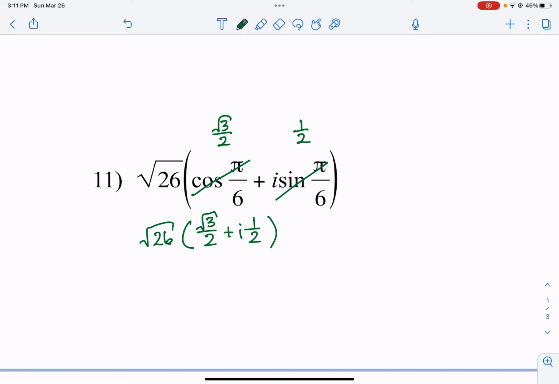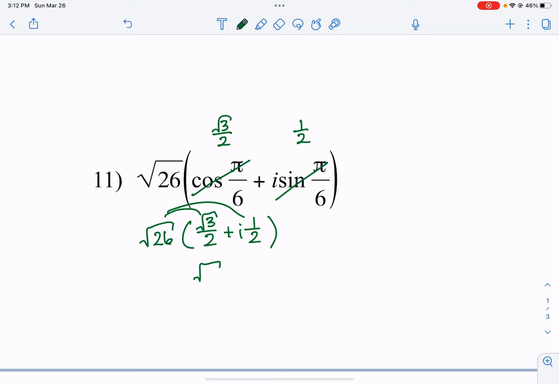And let's go ahead and distribute this in, right? So with square roots, you can multiply the 3 and the 26 and keep that inside of the square root. So let's see, 3 times 26 is 78. Yeah.